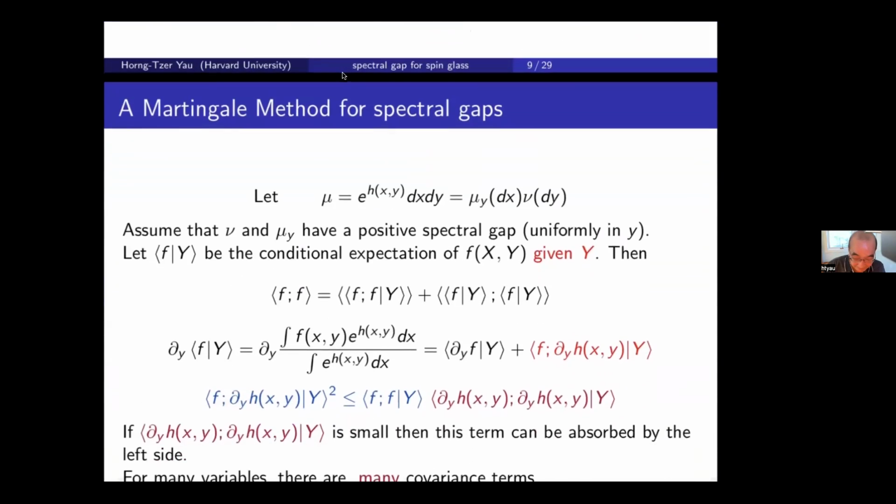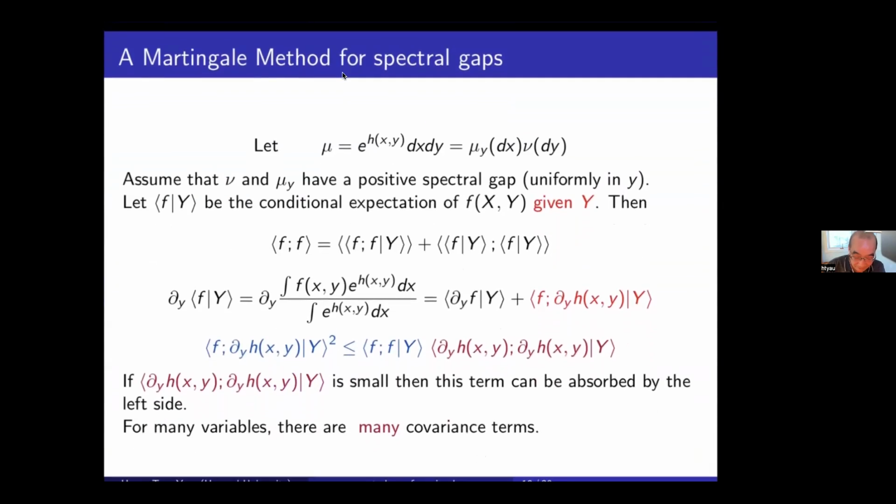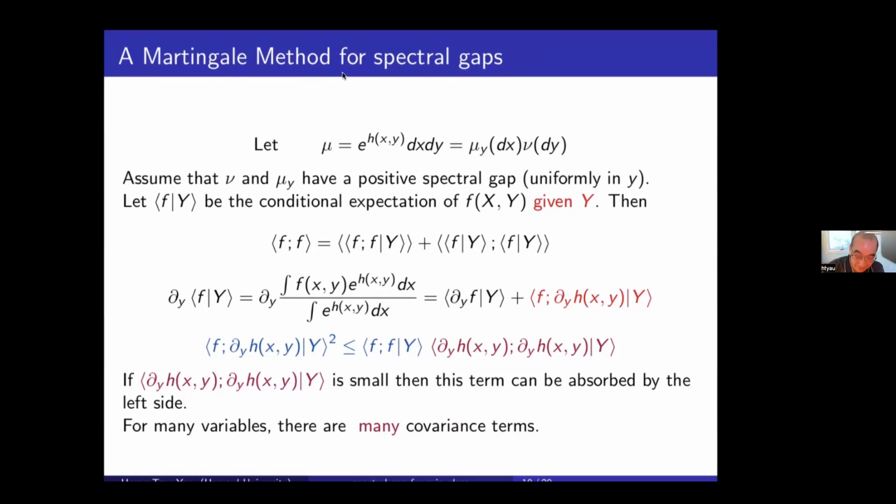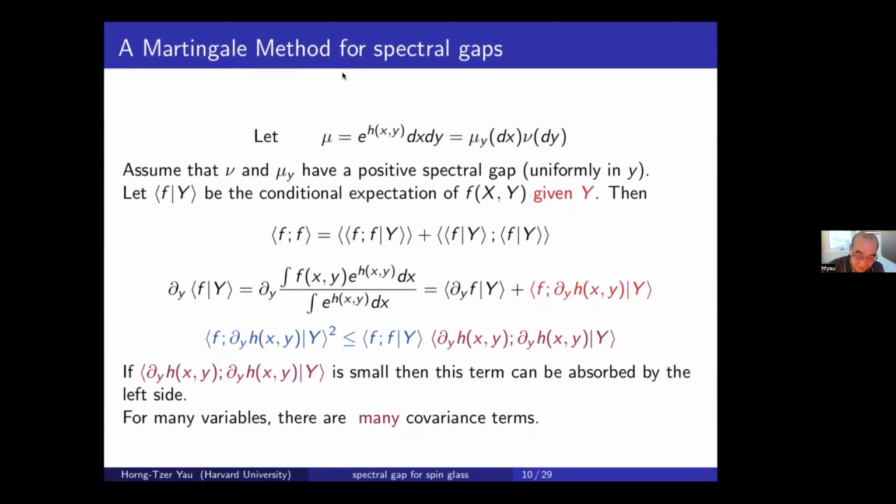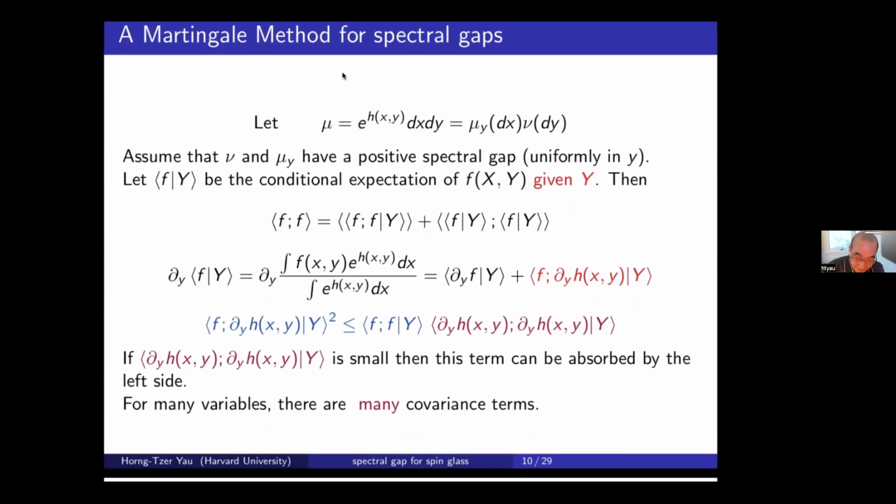Now the standard way to prove this, and I will be careful about the time, so let me not say too much about the proof. If you look at two random variables x and y, there's a variance identity like this.